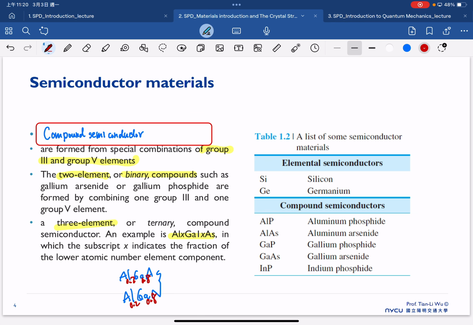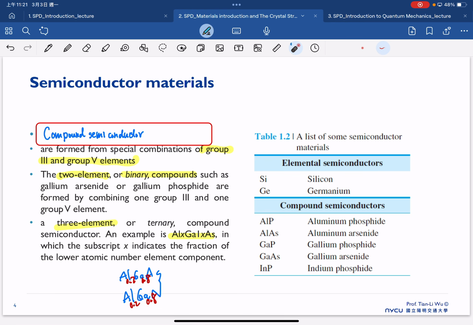That's why you very often see in the literature that we not only call it aluminum gallium nitride, but aluminum 0.2, gallium 0.8, nitride.